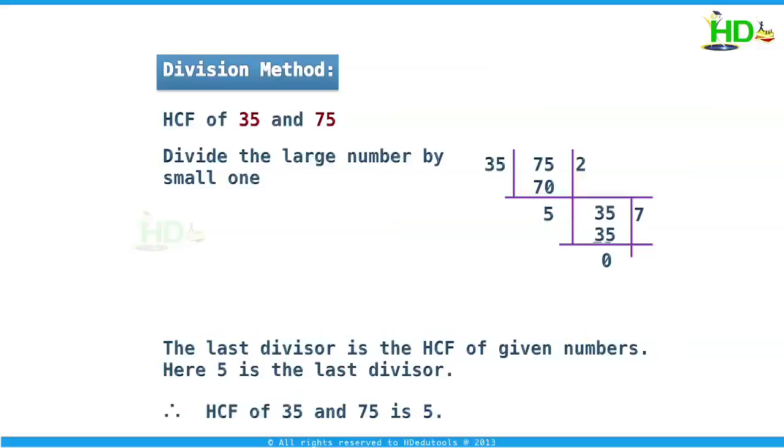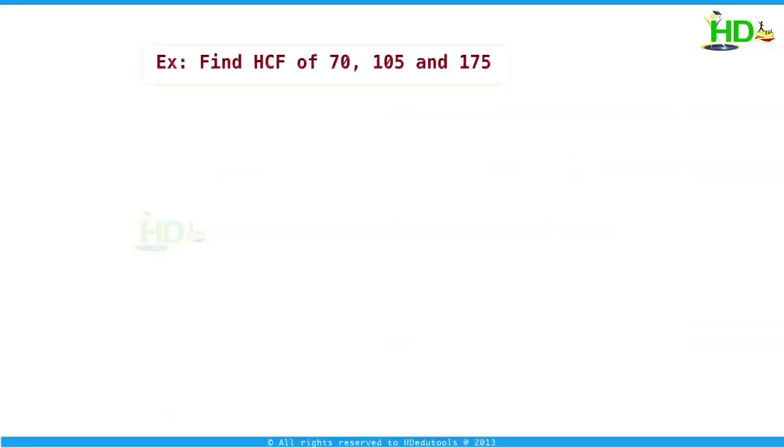Take another one. Find the HCF of 70, 105 and 175. To find the HCF of three numbers, first we find the HCF of any two numbers. Here first we find the HCF of 70 and 105. That is, divide 105 by 70.